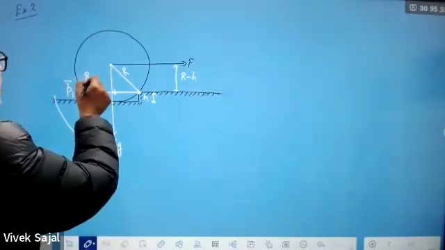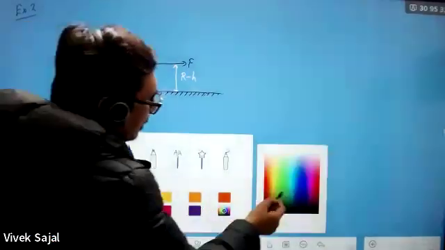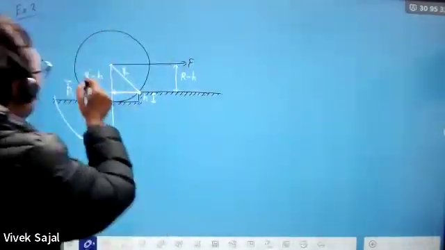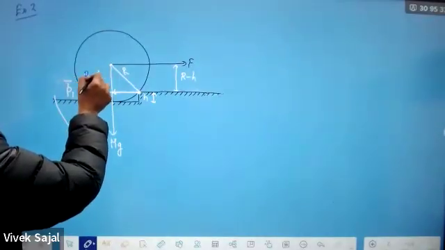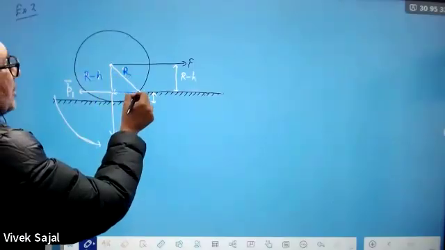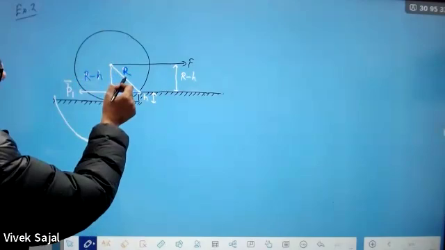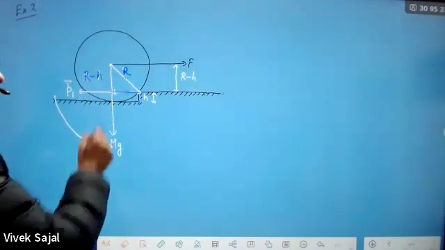So this will be r minus h. Try to understand. This will be r minus h, and this is r. So what will be this distance? P1. This P1 will be the square root of r square minus (r minus h) square.